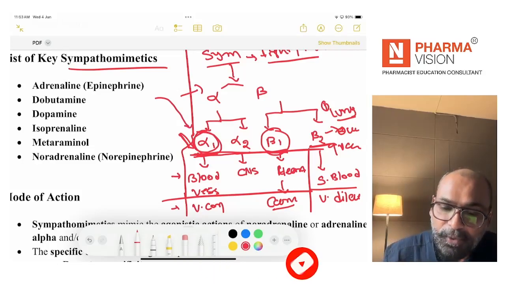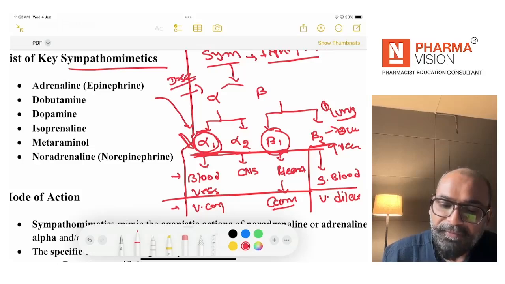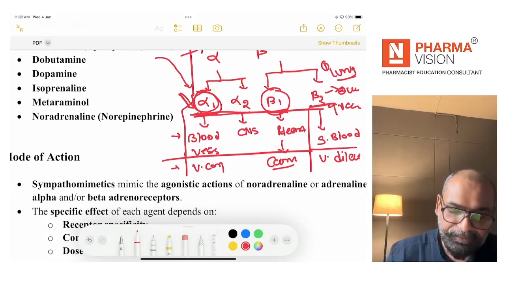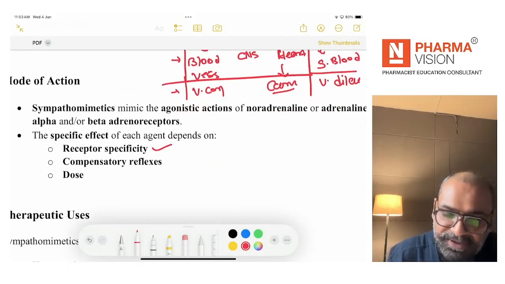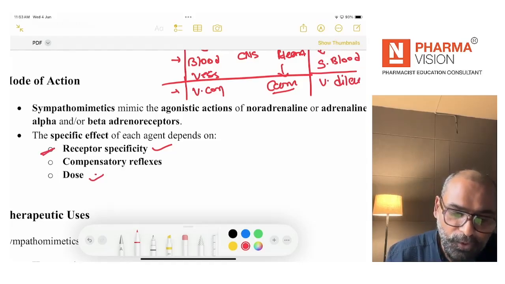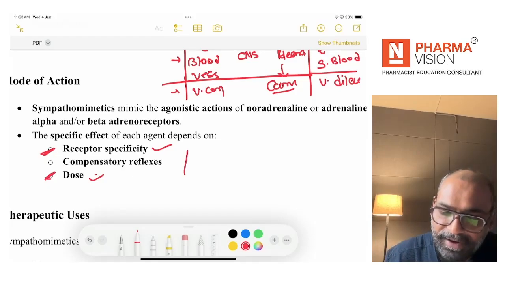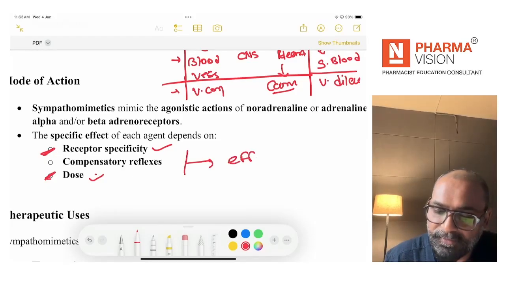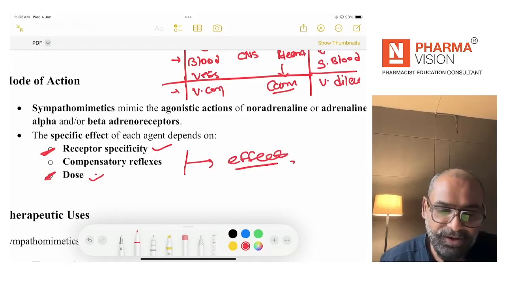Second, depending on the level of dose, the effect might change towards the receptor. These are the two very important points to remember: receptor specificity and dose determine the final effect we can expect when the patient is taking this kind of medication.